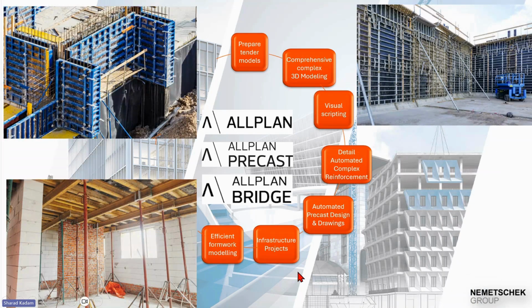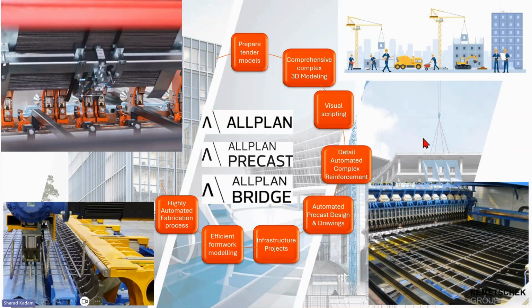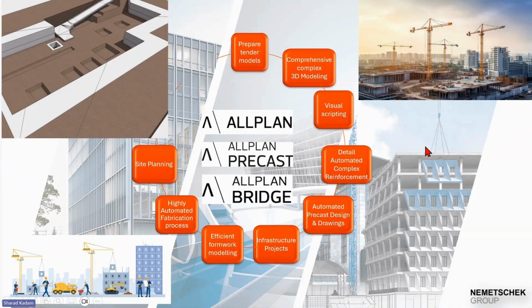We can also do efficient formwork modeling. We have Peri and Meva available with us, as well as a highly automated fabrication process. If any kind of rebar output is needed, whether it's ASA format, BVBS, ABS, that can be extracted. We can do the site planning.